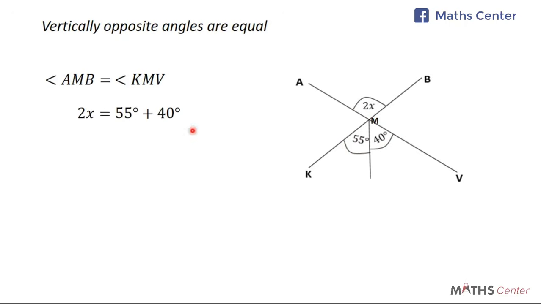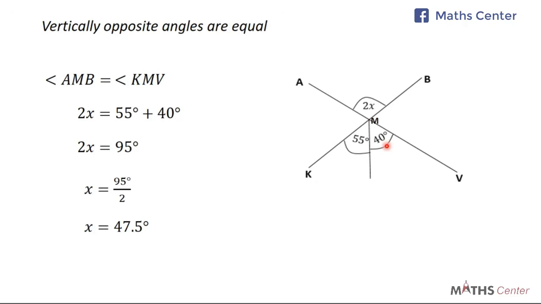So we can see that 2x is equal to 55 degrees plus 40 degrees, since vertical opposite angles are equal. 55 degrees plus 40 degrees will give us 95 degrees. So 2x is equal to 95 degrees. When you make x the subject, you are going to have 47.5 degrees. So this is one way of doing it.